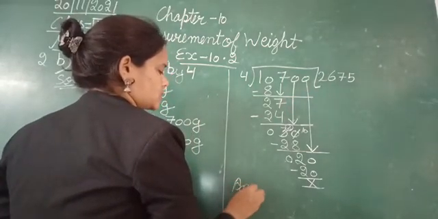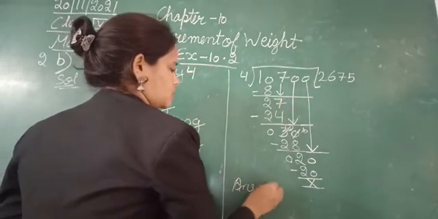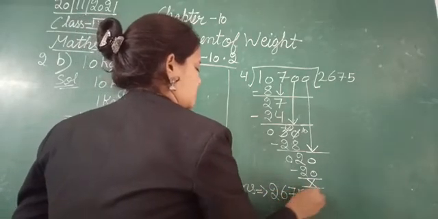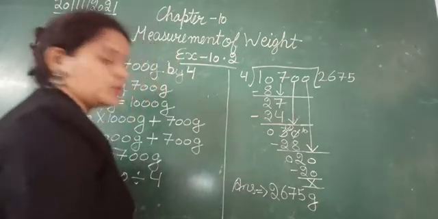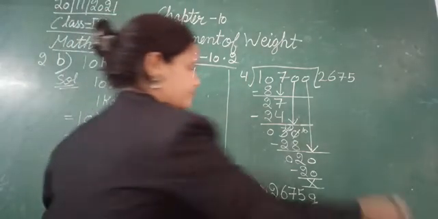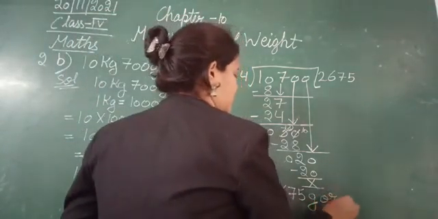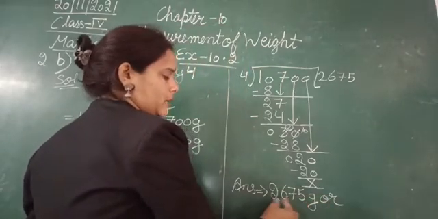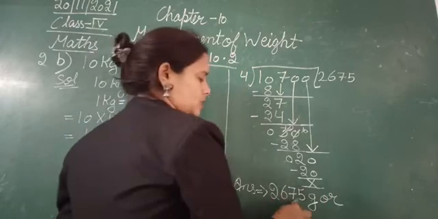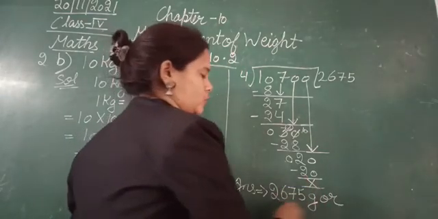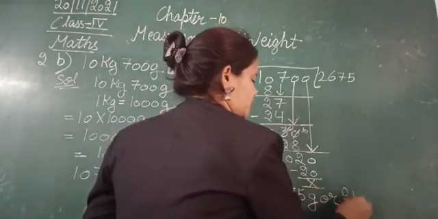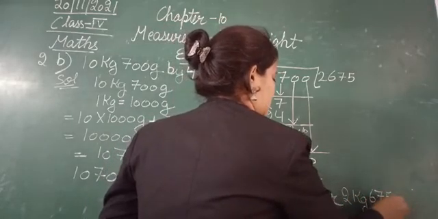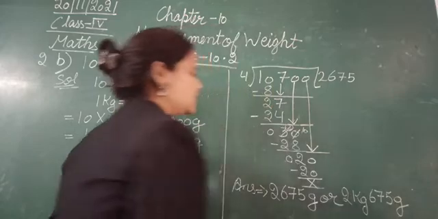So the answer is 2,675 gram, you can say, or you can convert it into kg and gram. So last 3 digits will be gram and the rest one will be the kg. 675 will be the grams, or you can say 2 kg 675 grams.